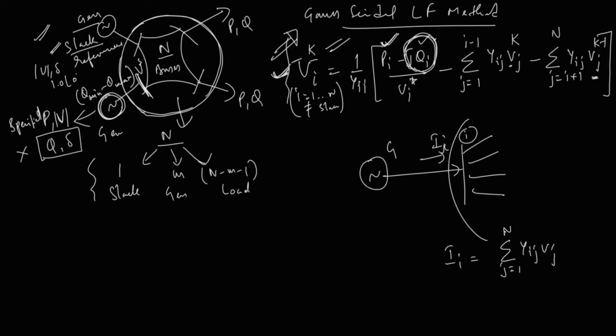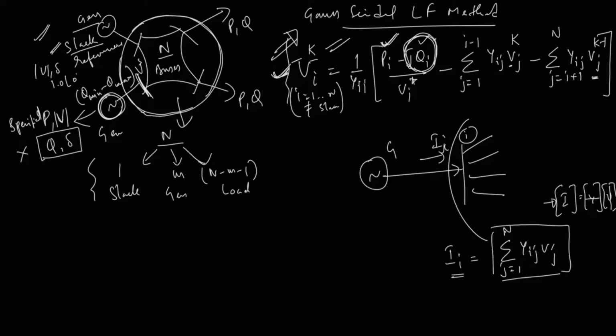This is the ith row of the equation multiplied by the voltage vector. So this gives me the net injections in terms of the bus voltages and the admittance values.